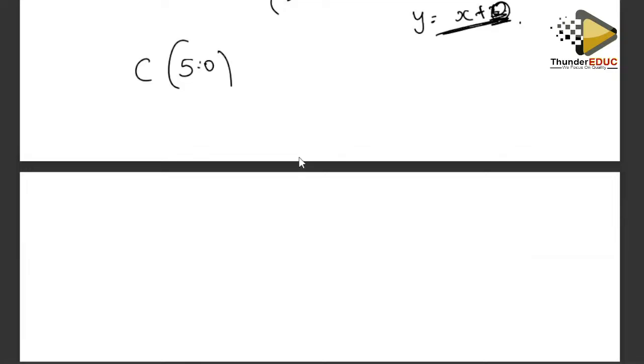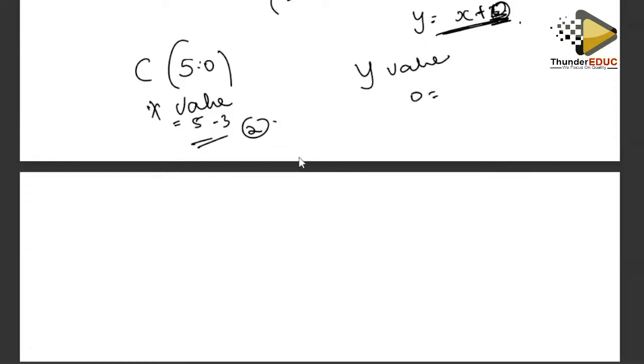Initially we were supposed to switch positions, meaning that our x value was going to be 5 minus 3, which gives us what? Yeah, 2. And then for us to get the y value, 0 is equal to x minus 3, meaning that our y value is a 3.